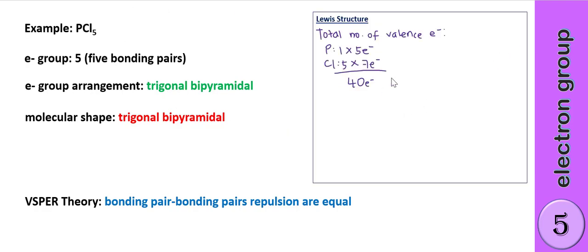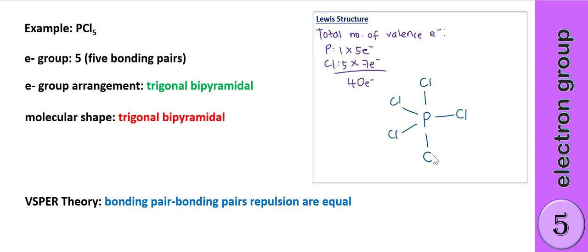So let's have a look at PCl₅. The total number of valence electrons is 40. Phosphorus is going to be our central atom. So we have 1, 2, 3, 4, 5 bonds, phosphorus bonded to the Cl.